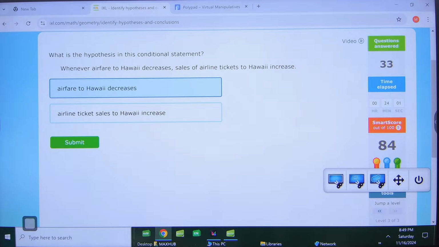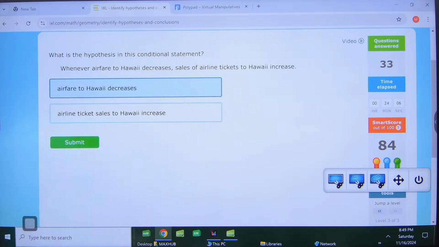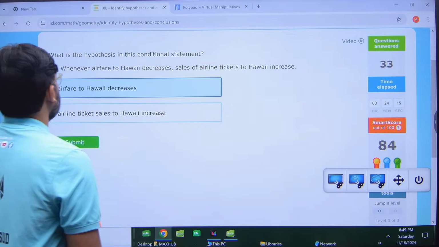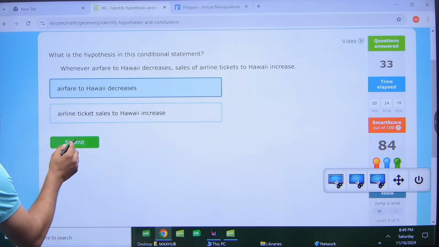You have to check the "if" and "then." Which will come first? Which will be the "if"? What is the "then"? If airfare decreases, so airfare decreases is the hypothesis. So this is the hypothesis.